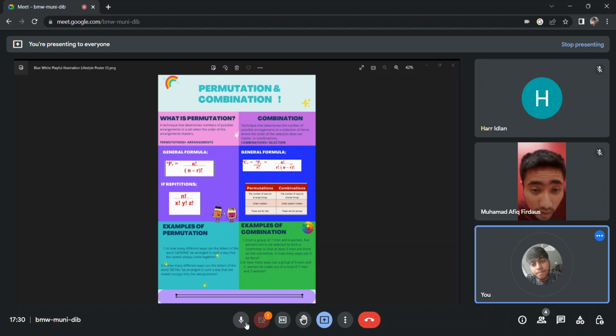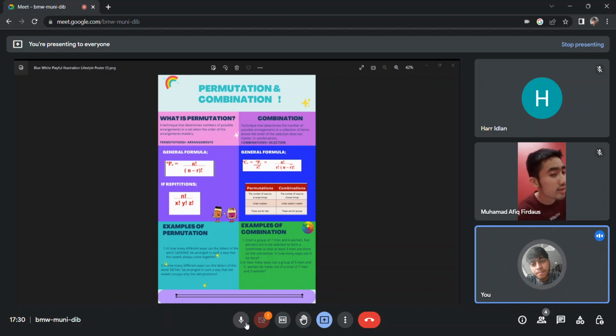That gives the answer 720 ways. For the second example, in how many different ways can the letters of the word details be arranged in such a way that the vowels occupy only the odd positions? The odd positions are position number 1, number 3 and number 5, and the vowels are E, A, I, which is 3 letters.